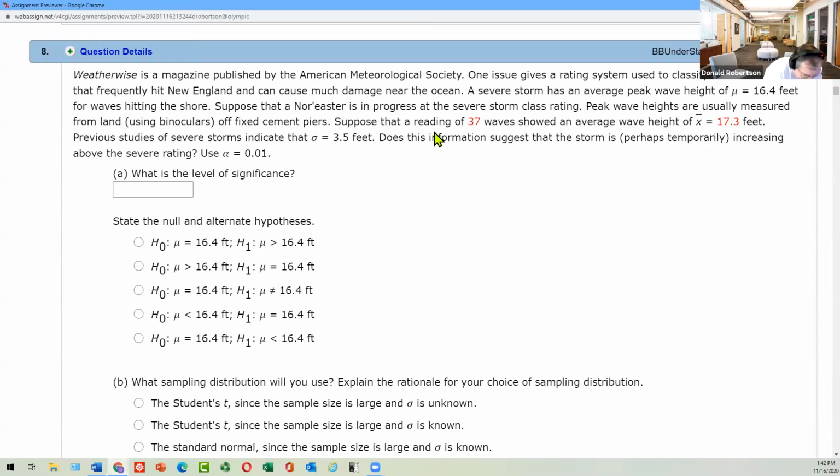The information I need is, what sample did you take? 37 waves, so n is 37. So that piece there told me what n is. If I read on a little bit further, can we see that the average is 17.3? So there's my X bar.